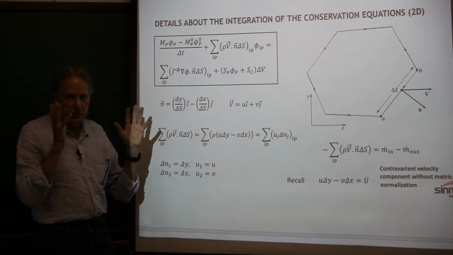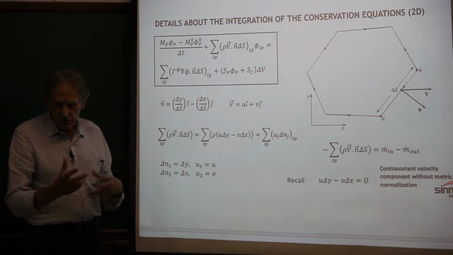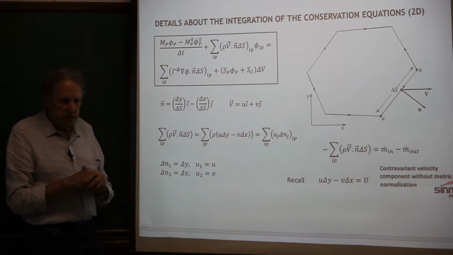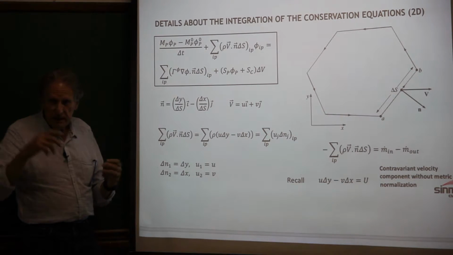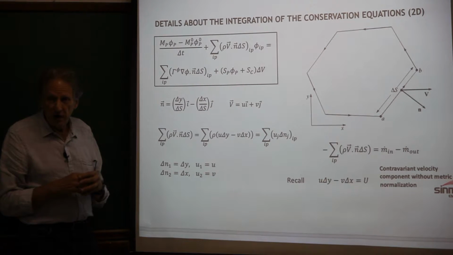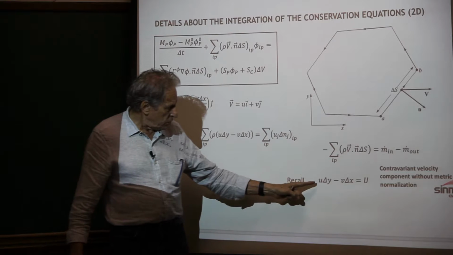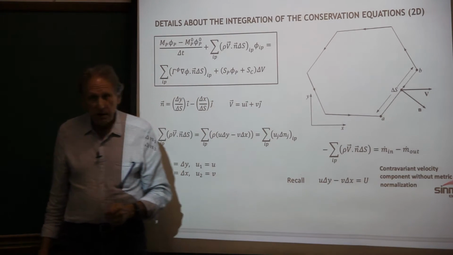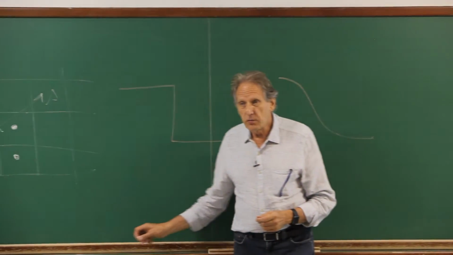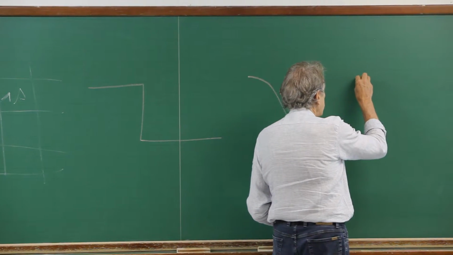I put here just to show that this is used in order to compact the writings. And you already know about contravariant velocity components. And if you remember that u dy minus v dx is our contravariant velocity component without metric normalization.